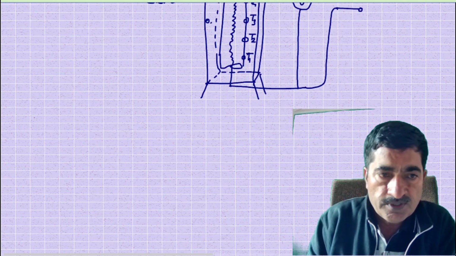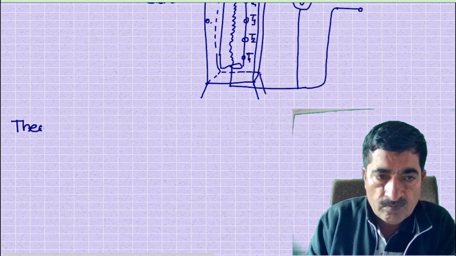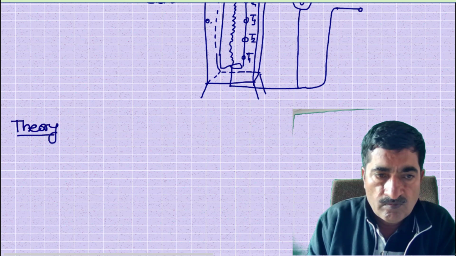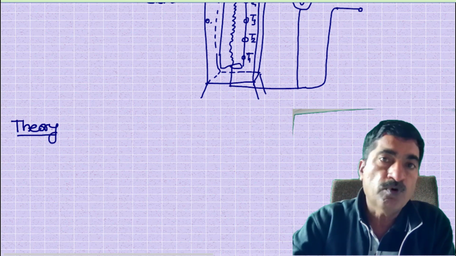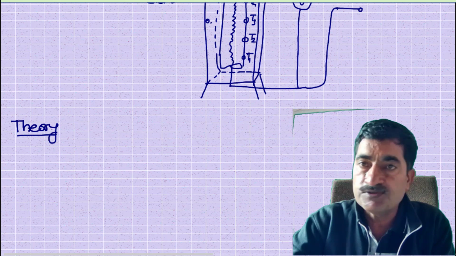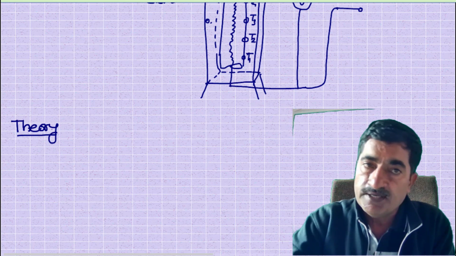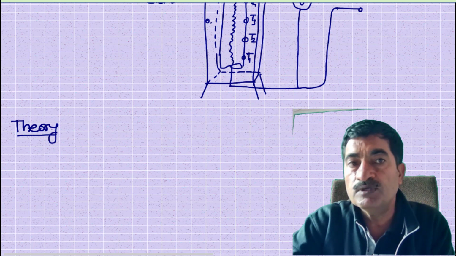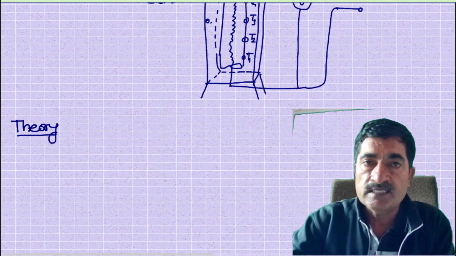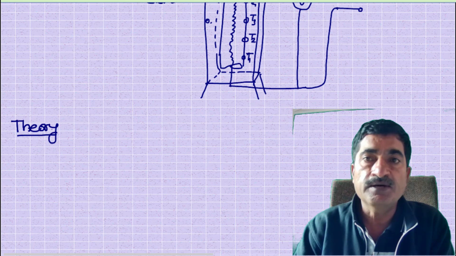Now the theory. When a hot body is kept in still air, the heat is transferred to the surrounding fluid adjacent to the hot body. The adjacent fluid gets heated.